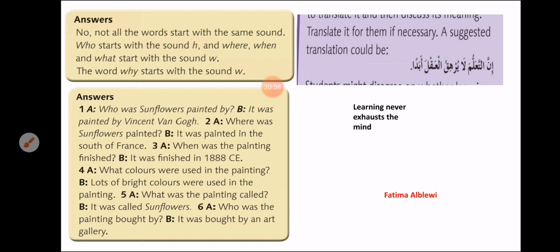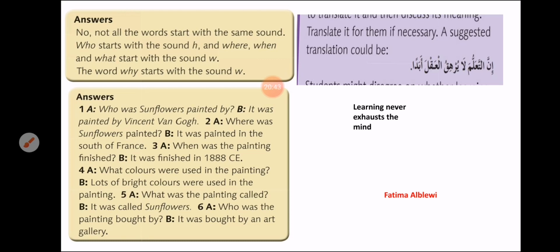In some words the W is silent, such as who and whom, and in the others the W has a sound, such as where, when, and what. The H here is silent. So in WH words, in some the W is silent and in others the H is silent.